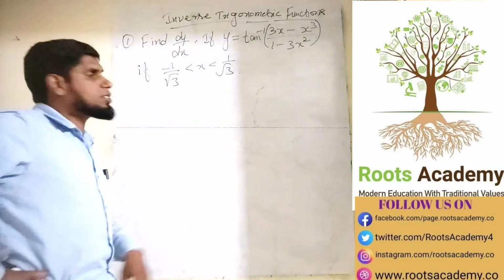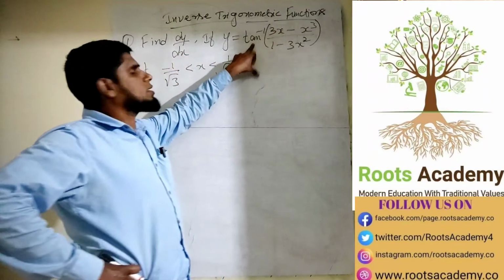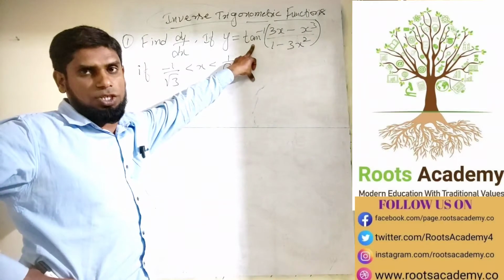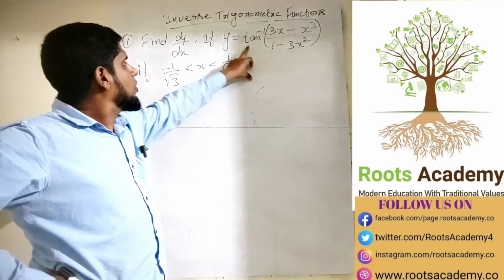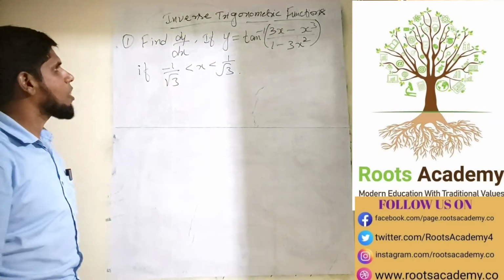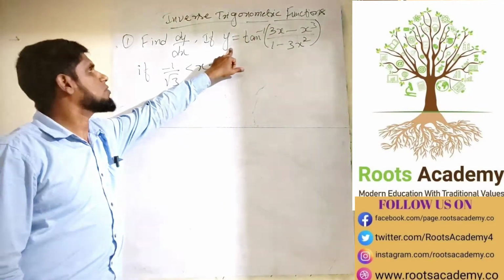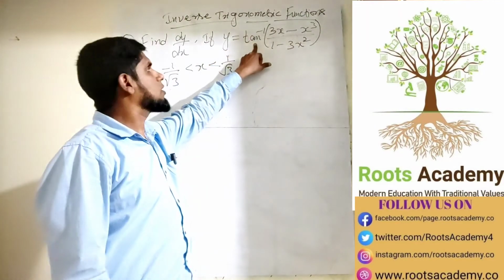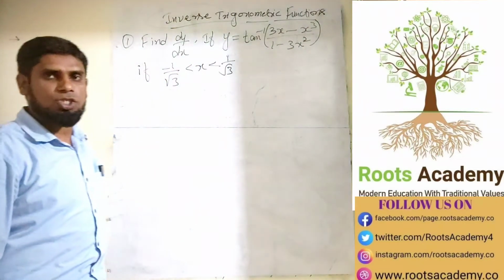The purpose of substituting x equals any ratio is to remove this inverse trigonometric function. The moment we remove this inverse trigonometric function, we can directly differentiate. Here, the function is y equals tan inverse of (3x minus x cube) divided by (1 minus 3x square).